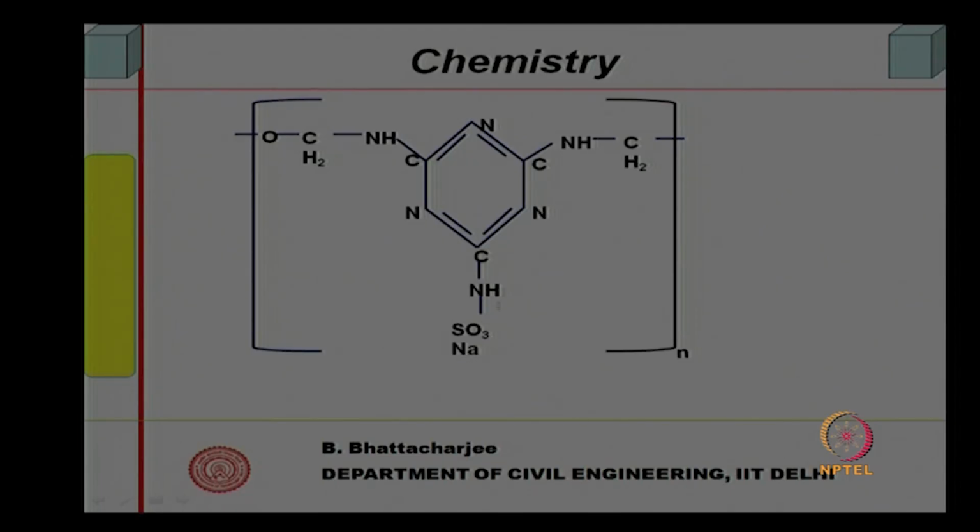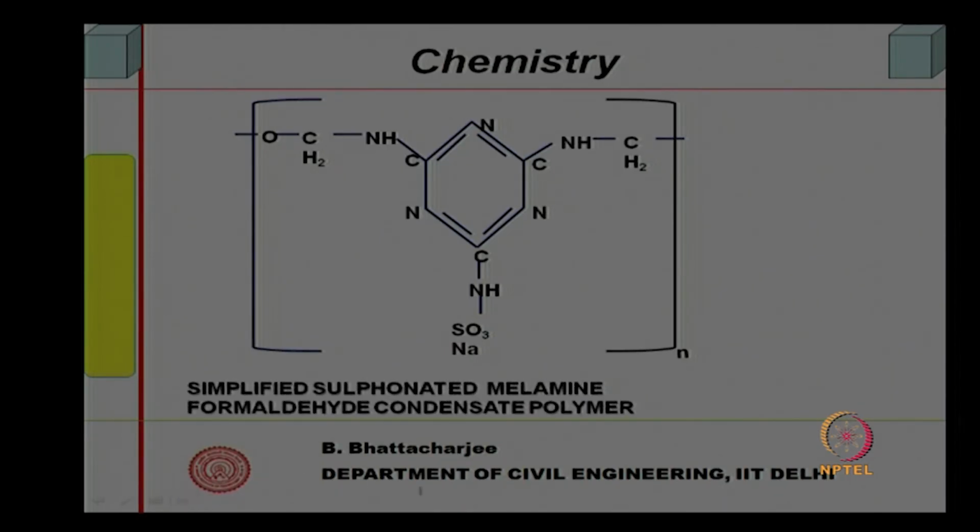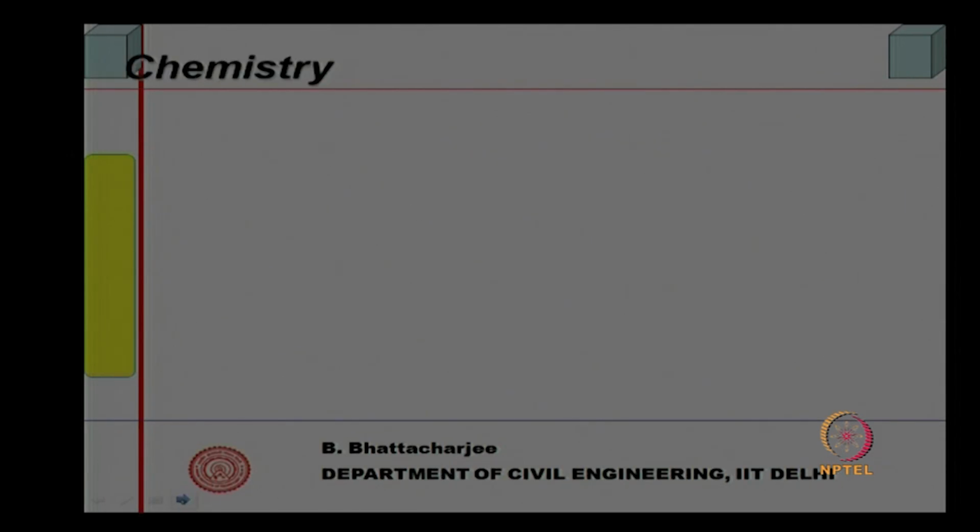So, this is the melamine, everything else remains the same, and here is your SO3Na, which is the main important component, and on addition to water this sodium will dissociate out, leaving everything else negative, which can get attached to the cement particle surface and cause dispersion. So, this is a simplified sulfonated melamine formaldehyde condensates polymer, with n the degree of polymerization. So, that is showing the same.